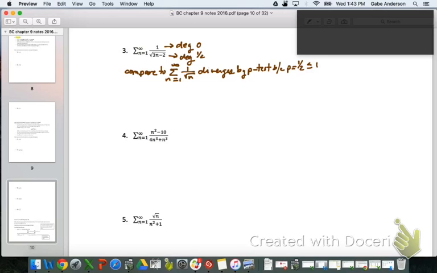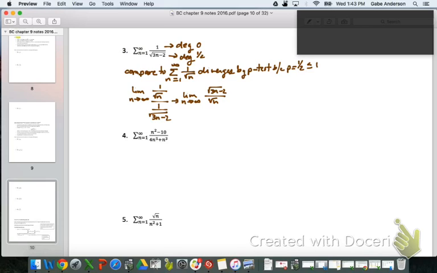So I'm going to say limit as n goes to infinity of 1 over root n over 1 over root 3n minus 2. And that's going to give me limit as n goes to infinity of root 3n minus 2 over root n.